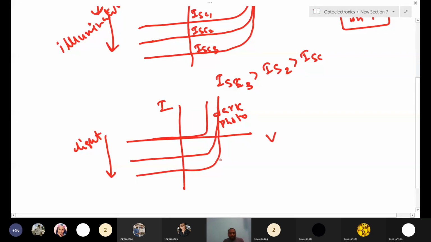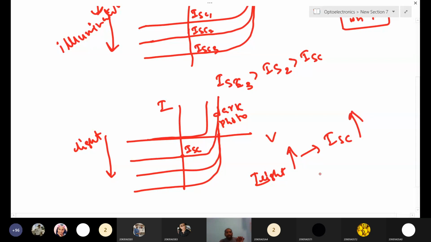So the short circuit current also increases if you increase the light intensity. If they ask for the IV characteristics of a photodiode, you have to draw this diagram. This is the characteristics.